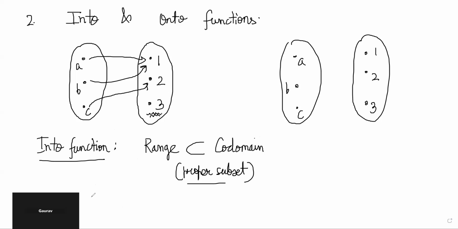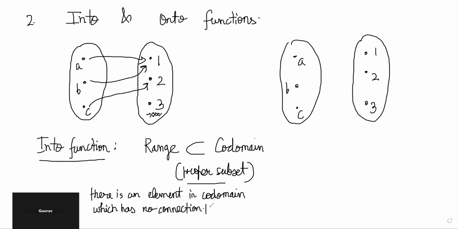There is an element in codomain which has no pre-image, which has no connection to the domain. Do you understand what I'm saying? So that type of function is known as an into function.